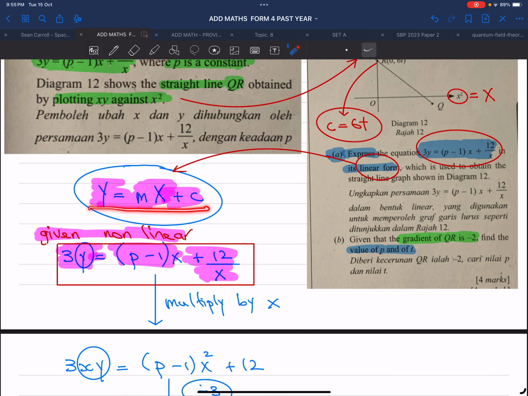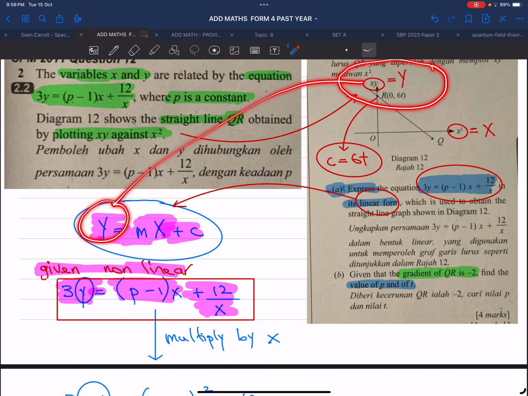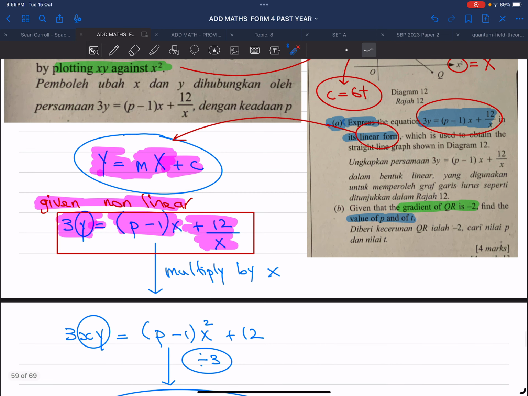How? Capital Y is xy, but here we only have y. So to change this y to xy, I multiply each term by x.